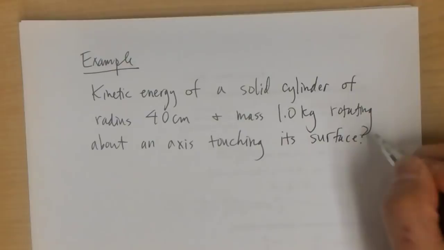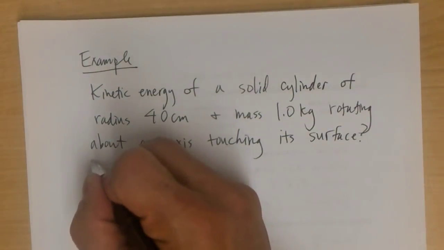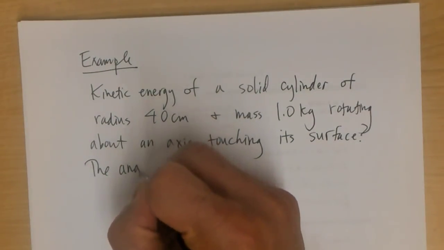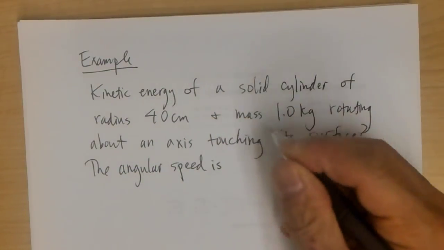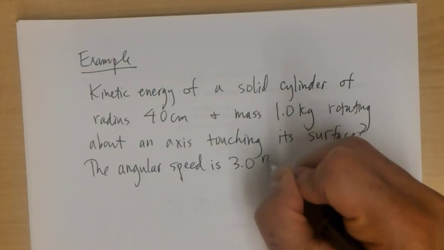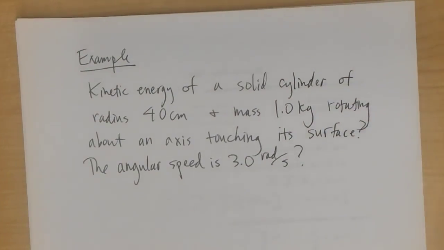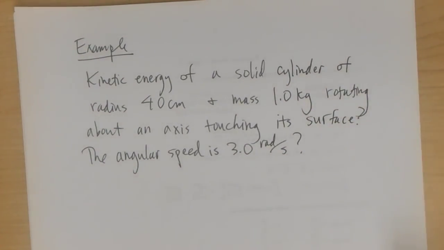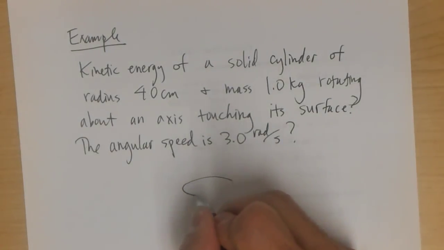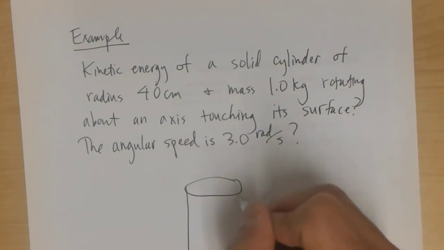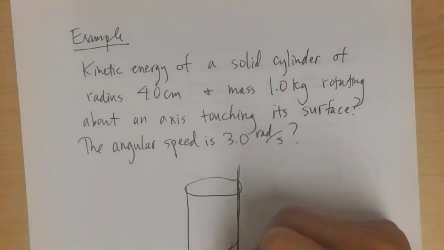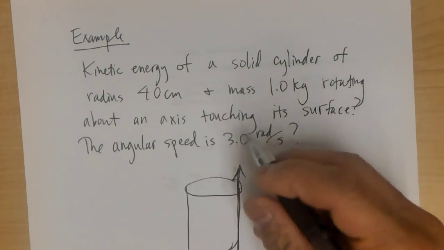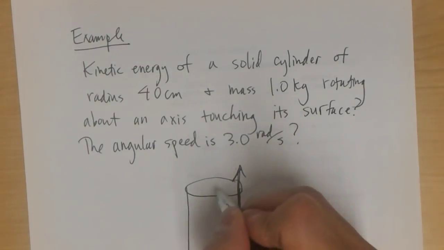Okay, so the question, let's say the angular speed is 3.0 radians per second. That's the omega. All right, so we have this situation. We have a cylinder, and it's rotating for some reason about an axis that's touching its surface, like this.